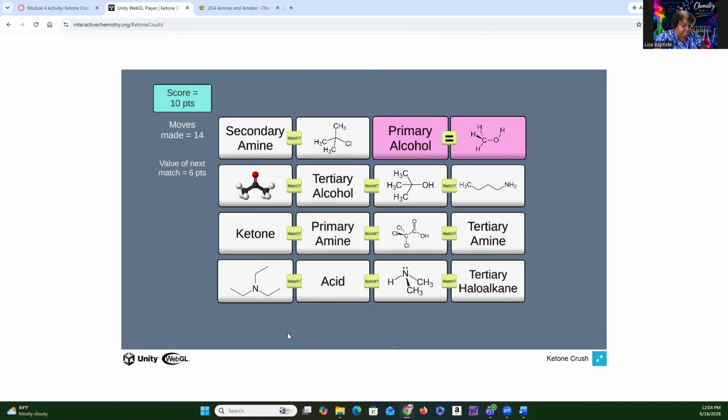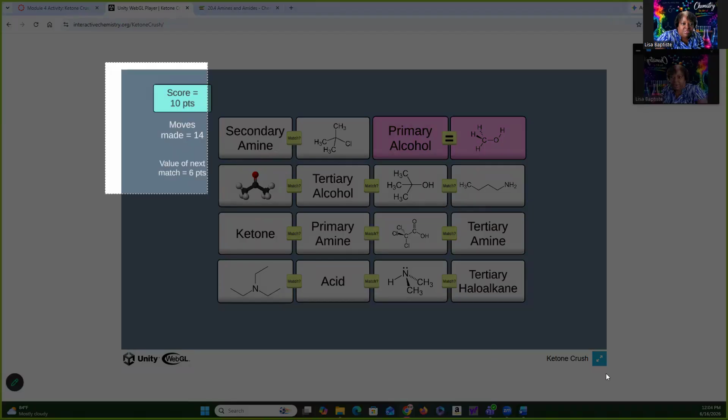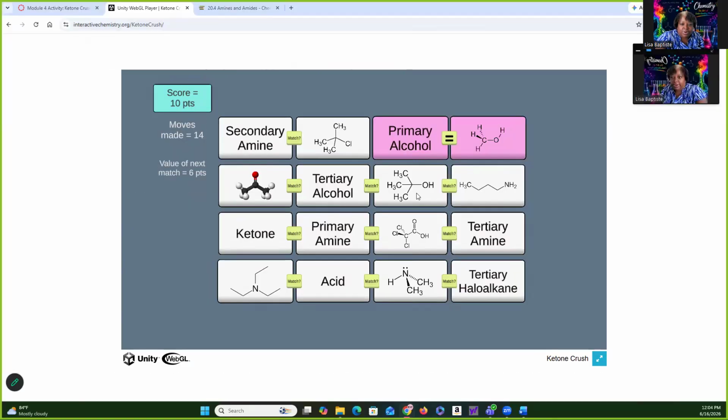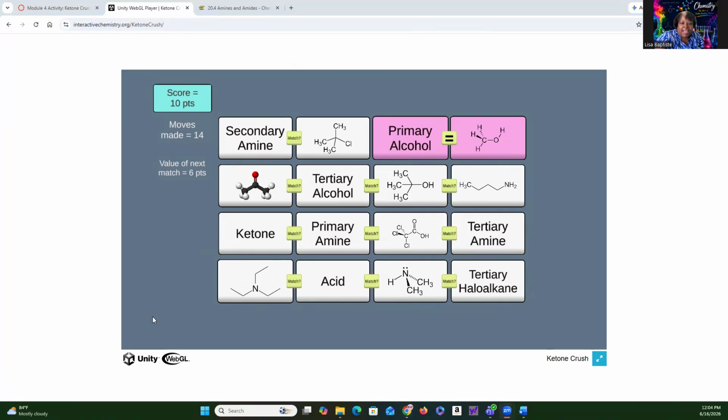You want to hit print screen. Did I do it right? Print screen. There it goes. Then you want to highlight this. You want the whole thing highlighted, and once you've highlighted, it'll give you a picture that you can copy and paste into the submission box.